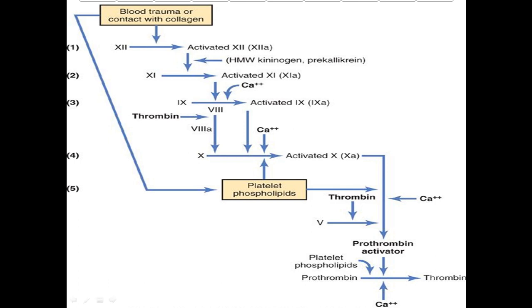So factor X, platelet and phospholipids, and there is factor V, and there is calcium. So these all result in the conversion of prothrombin to thrombin in the presence of prothrombin activator, which is activated by calcium and factor V.